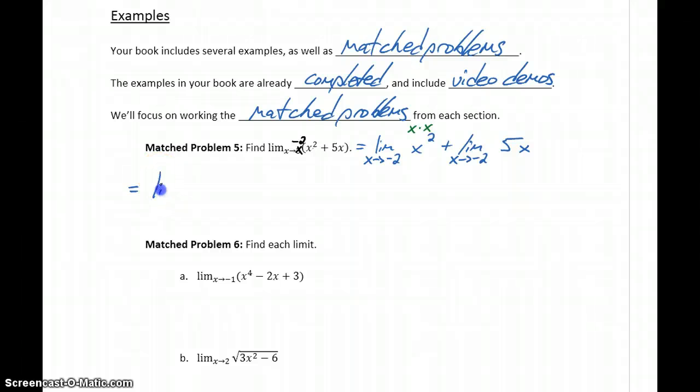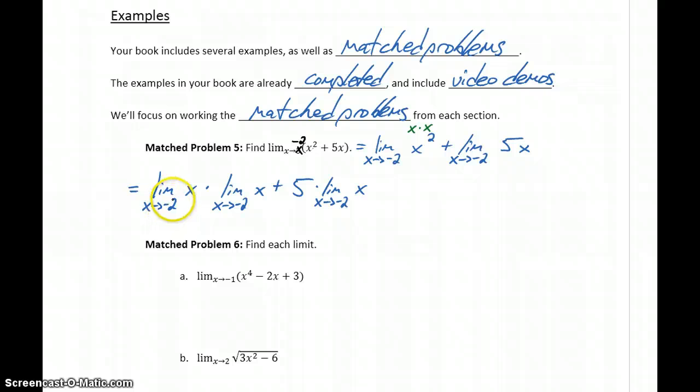So again, using the properties of limits, we can break this up as the limit as x approaches -2 of x times the limit as x approaches -2 of x, plus, now we have the limit of 5 times x. So here, 5 is just a constant multiple. So by those properties, we can bring that 5 out in front of that limit notation and write this as 5 times the limit as x approaches -2 of x.